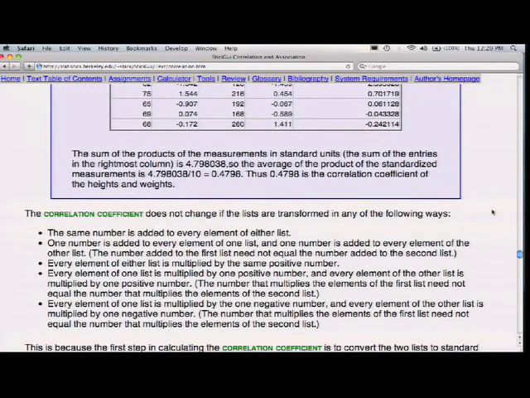The summand here doesn't depend on j; I'm just adding x bar to itself n times. What happens if I add x bar to itself n times? I get n times x bar. So this sum is just n times x bar.